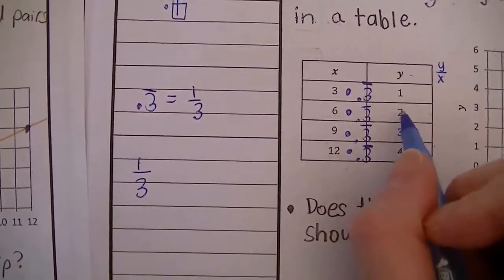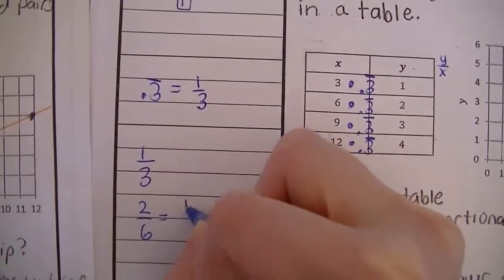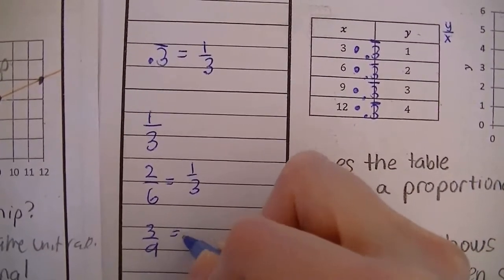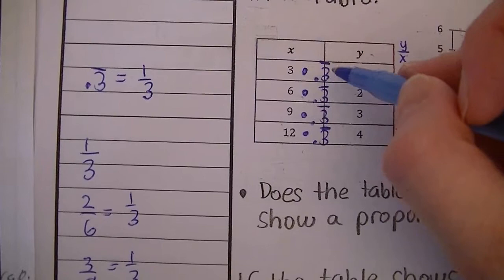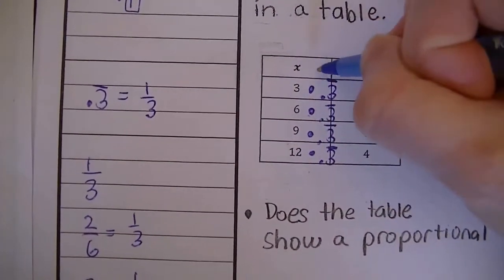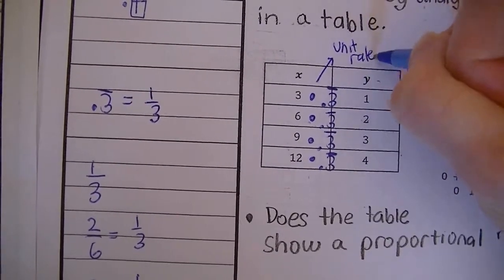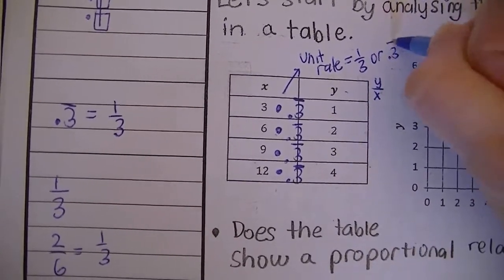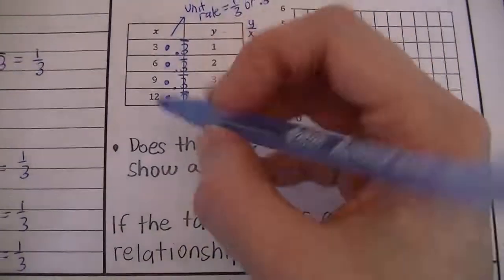You can keep it a fraction. 2 divided by 6 simplifies to 1/3. 3 divided by 9 also simplifies down to 1/3, because you divide by 3. 4 divided by 12 is also 1/3. So instead of writing times 0.3 repeating, you could also write one-third.